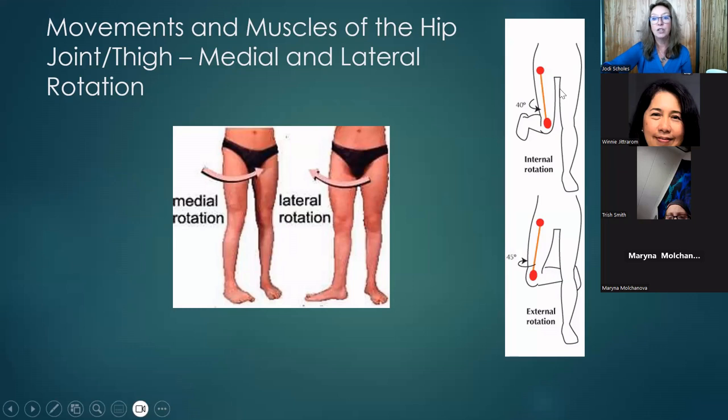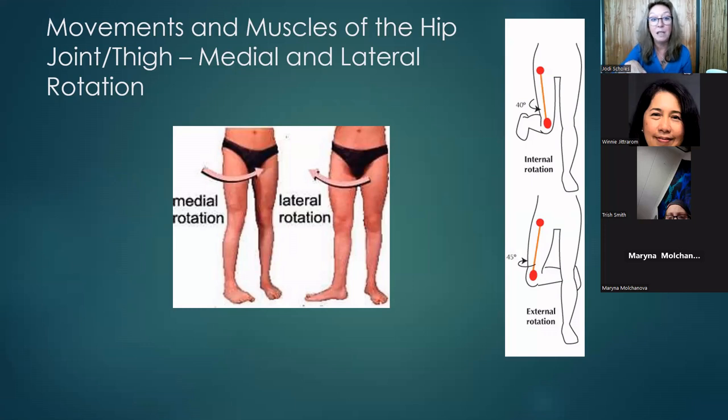Good. Sometimes also called internal rotation or external rotation of the lower leg. Of the lower limbs, we're talking about the femur.